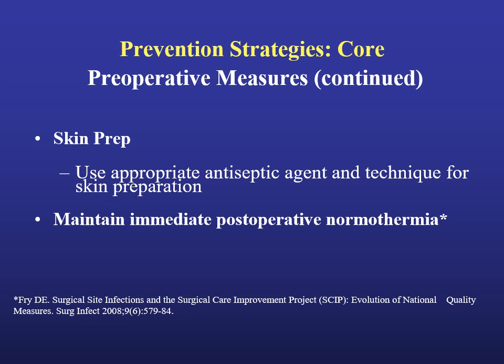Now, normothermia is a very important thing, immediate postoperative normothermia. Normothermia is very important in patients because in the OR, the patient will be exposed and is susceptible to hypothermia, especially because we maintain the temperature of the OR relatively low to decrease the rate of infections.